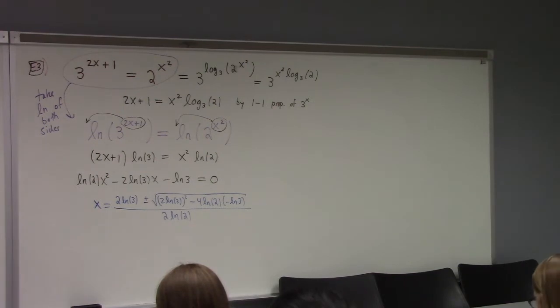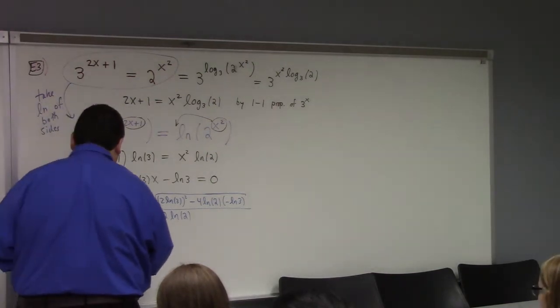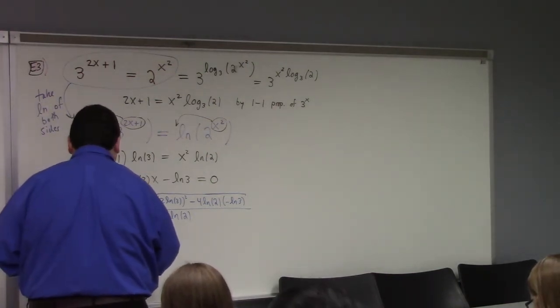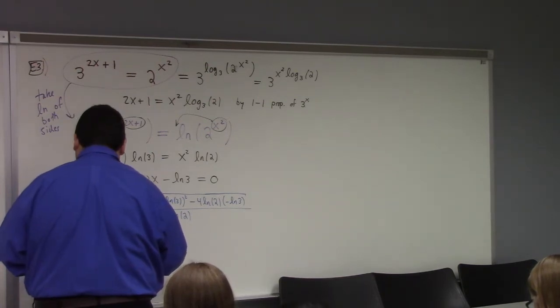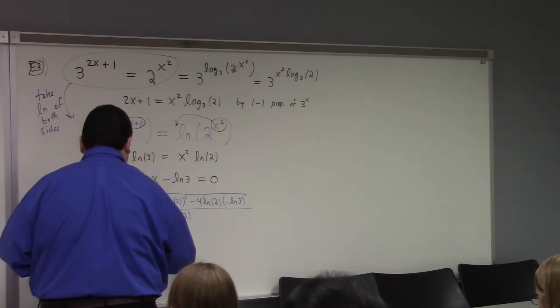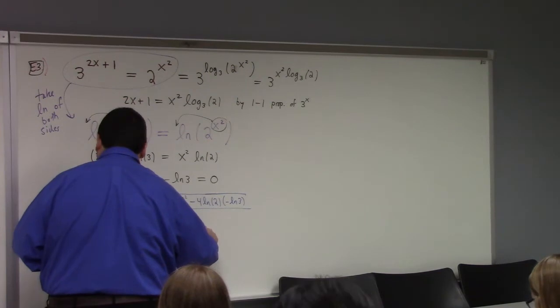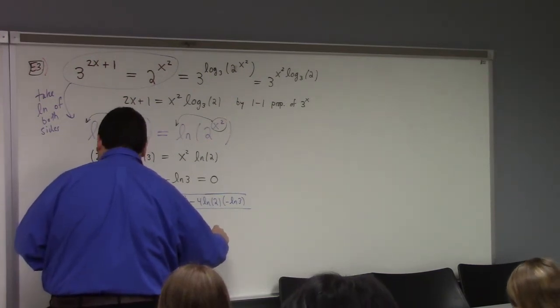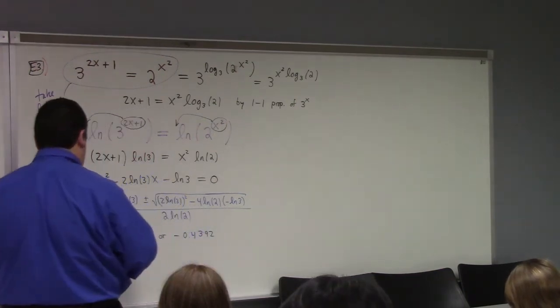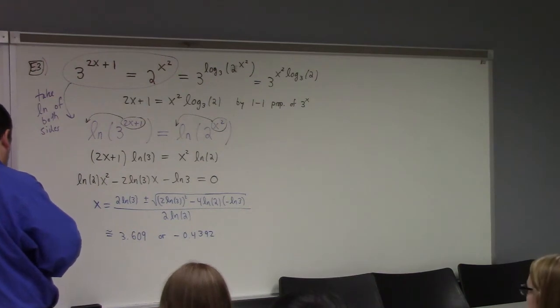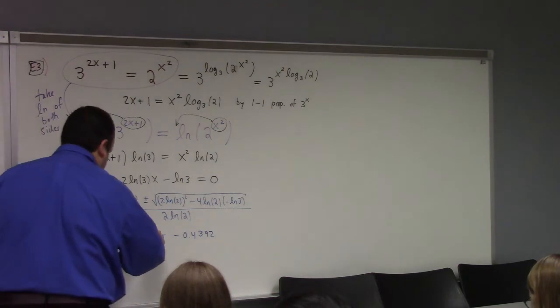That gives, when you work it out, approximately 3.609, or minus 0.439. I guess I should have kept another digit on the other one. 3.6091 there.